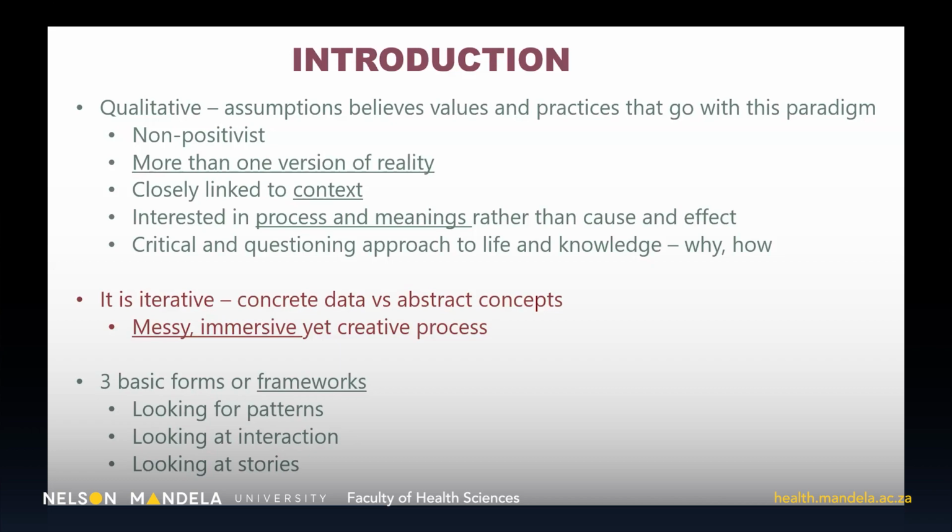So in some ways, you can use all three as frameworks at the same time. But in other ways, you can also choose to just do your analysis from one framework. Like I'm looking at the stories that people tell about this.